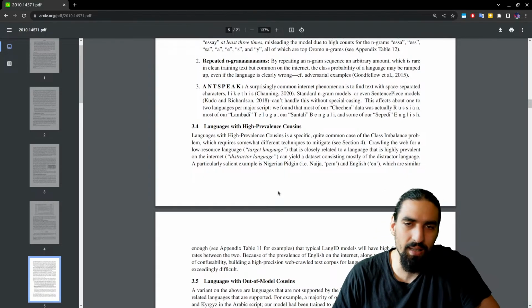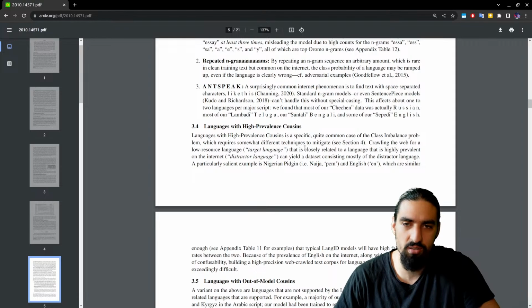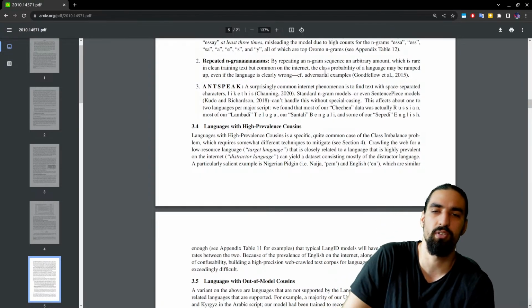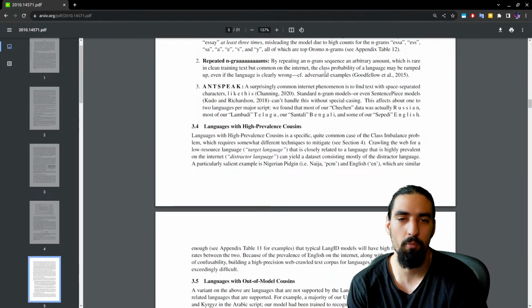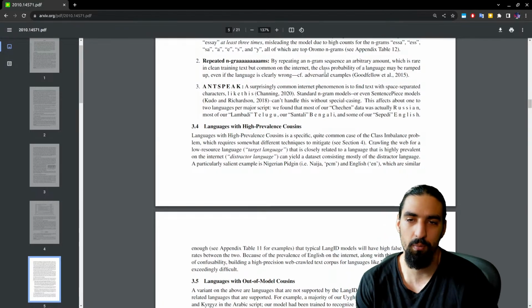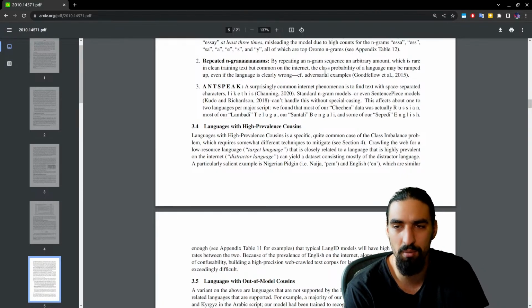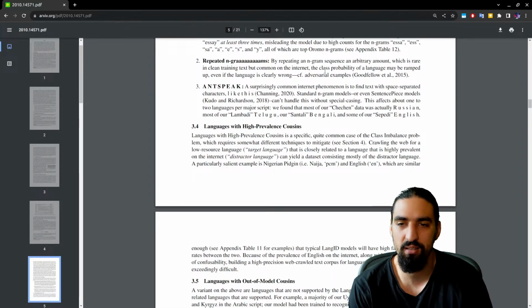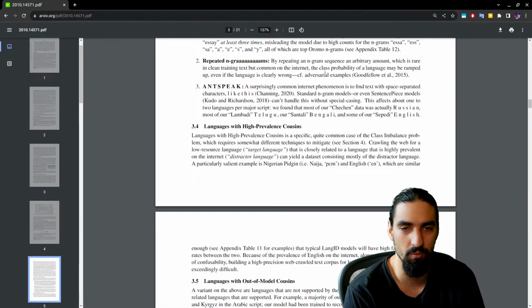Okay. Languages with high prevalence cousins is a specific, quite common case of the class imbalance problem, which requires somewhat different techniques to mitigate. Crawling the web for a low-resource language, the target language, that is closely related to a language that is highly prevalent on the internet, the distractor language, can yield a dataset consisting mostly of the distractor language.